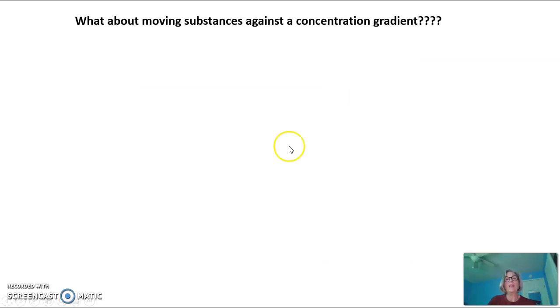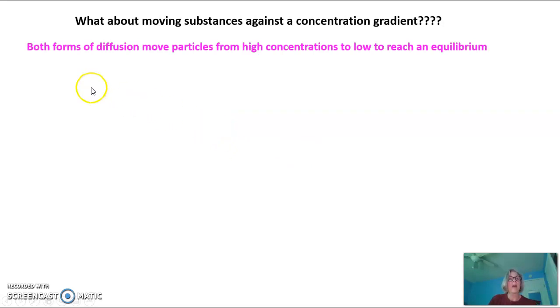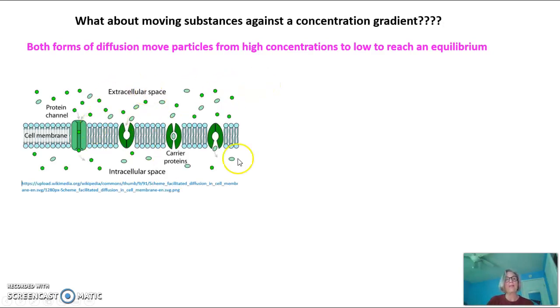So what about moving substances against a concentration gradient? Both of the forms of diffusion that we have talked about in tonight's video and the previous video on simple diffusion move particles from a high concentration to a low to reach an equilibrium. And facilitated diffusion is shown here, where particles are moving from the high to the low concentration.